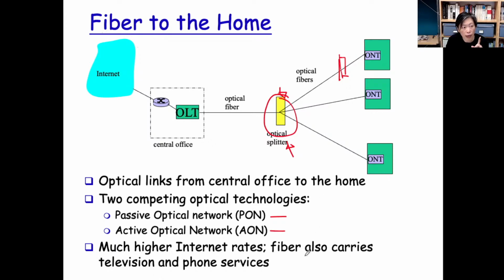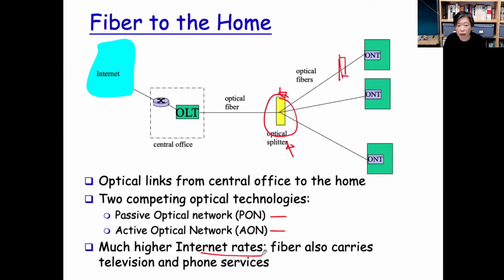Now, in FTTH, the downstream or upstream bandwidth varies, but essentially the maximum capacity is much higher than the cable modem network or the DSL network. In Taipei, it's very typical to subscribe to services with a downlink of 100 megabits per second and an uplink of 40 megabits per second.